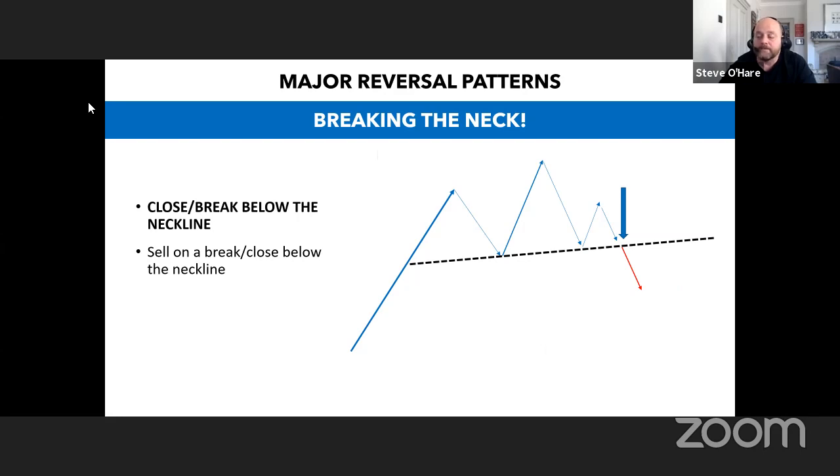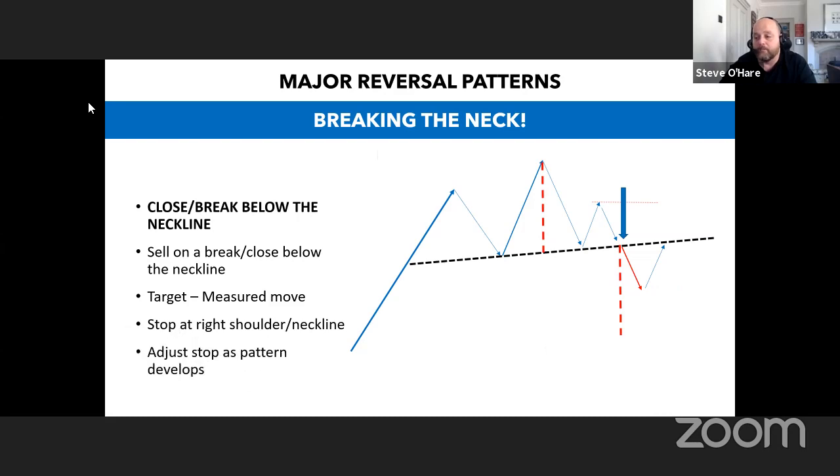Now, in this instance, you can have your stop placed just above. You know that your targeted measured move is going to be down to this level. So you can place your stop at the right shoulder. Once you actually break through the neckline, in this instance, we're showing what tends to happen is a throwback. And when we do get that break through the neckline, we can again adjust the stop.